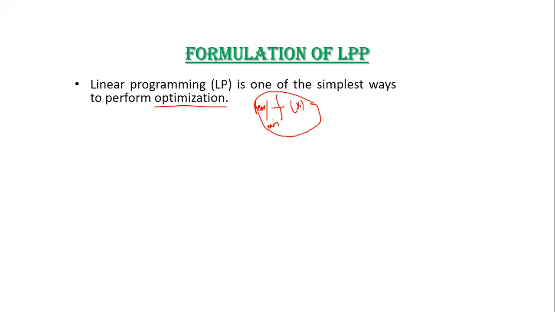To identify the maximum value or minimum value, we can take the linear programming problem as one way. And first, we have to convert the raw data into a set of mathematical equations or inequations where all the equations and inequations are linearly related, means all the variables' power should be equal to 1, right?